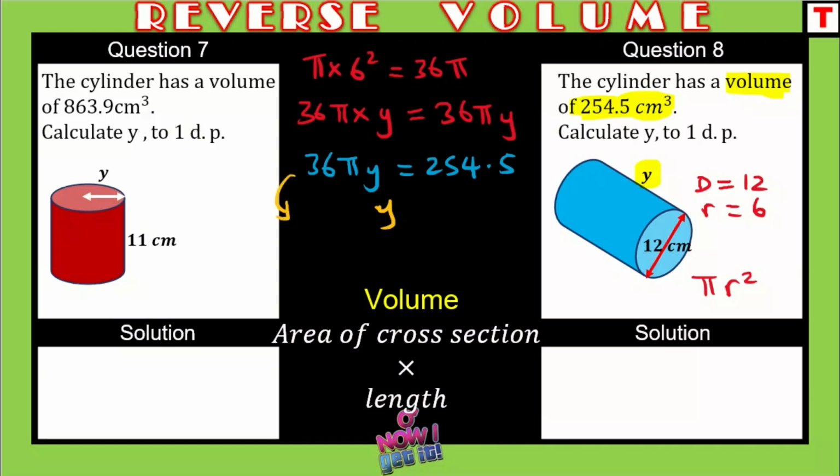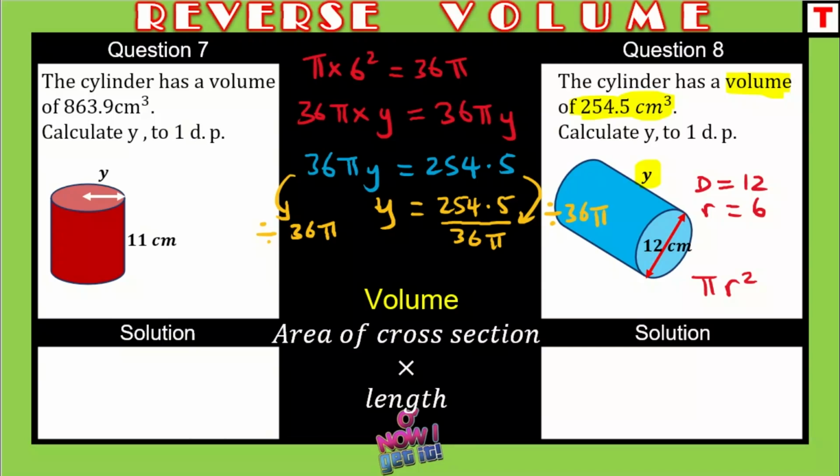I'm going to be dividing this side by 36 pi and dividing this side also by 36 pi. And that would give me y straight by itself, which is what I need. So this would be 254.5 all divided by 36 pi.